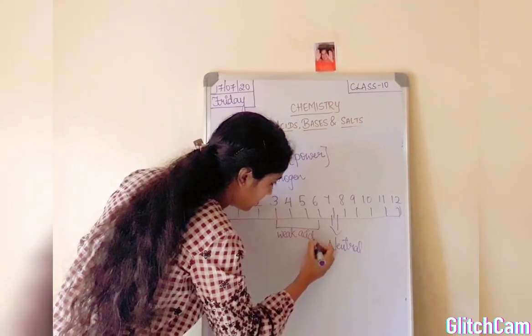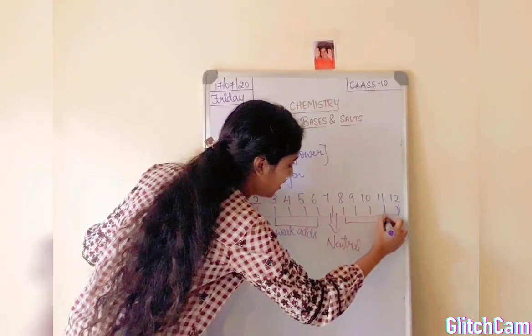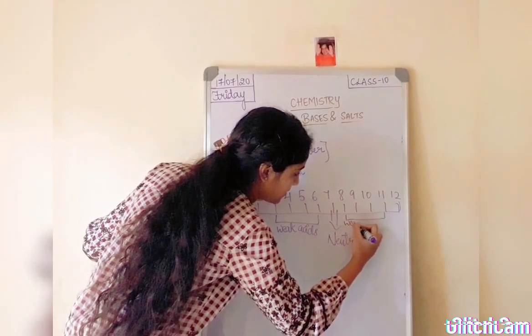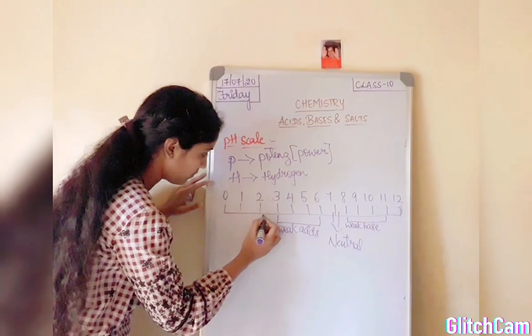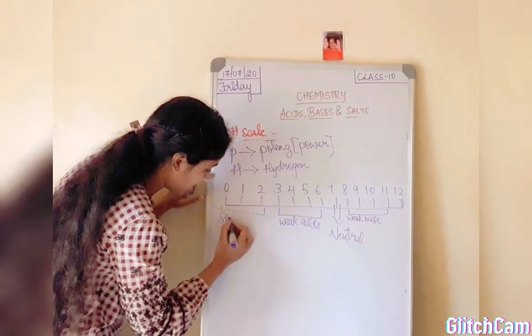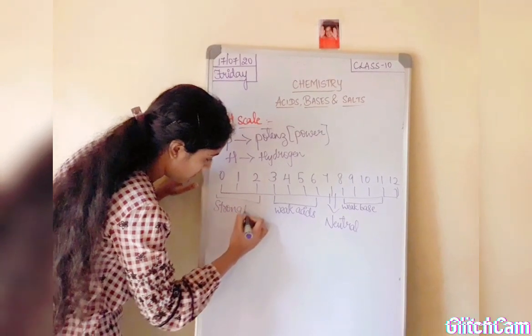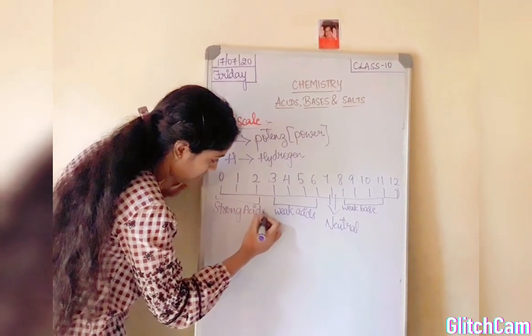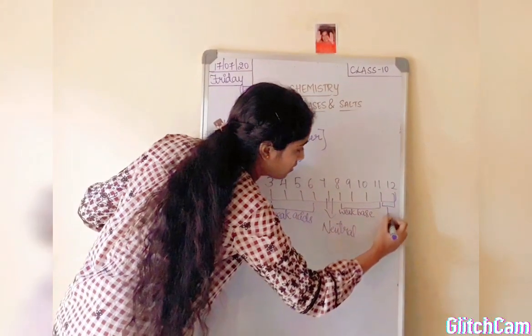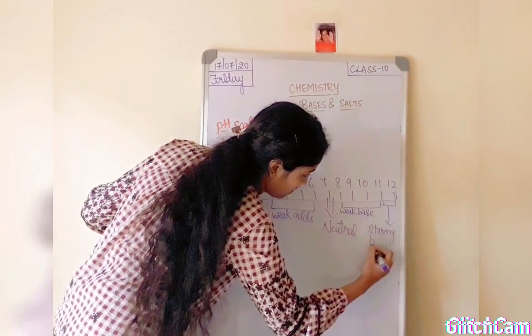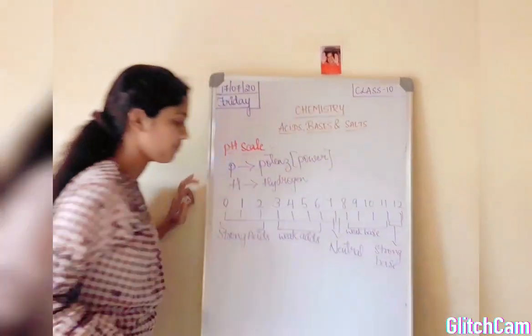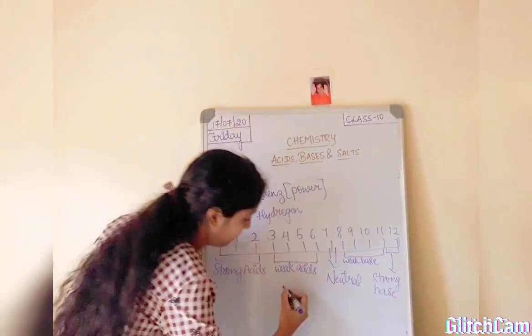Weak acids, these are weak bases, strong acid, and strong base. So this is the pH scale.